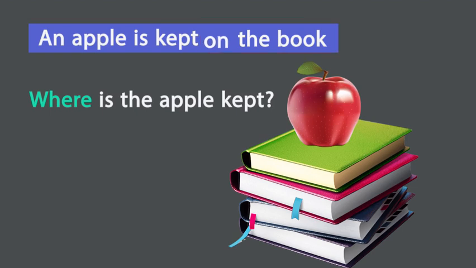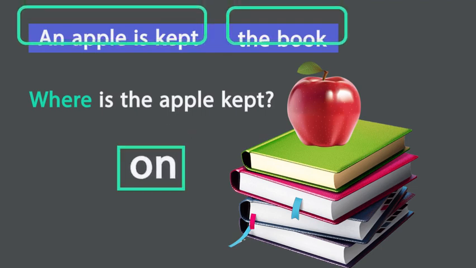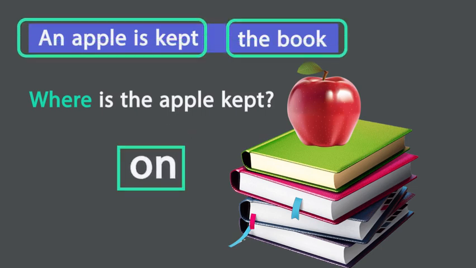This word on, if we remove from the sentence, then the sentence will be divided into two parts and there is no relation between them. So on is making a relationship, making a connecting bridge between these two parts. So an apple is kept and the book.